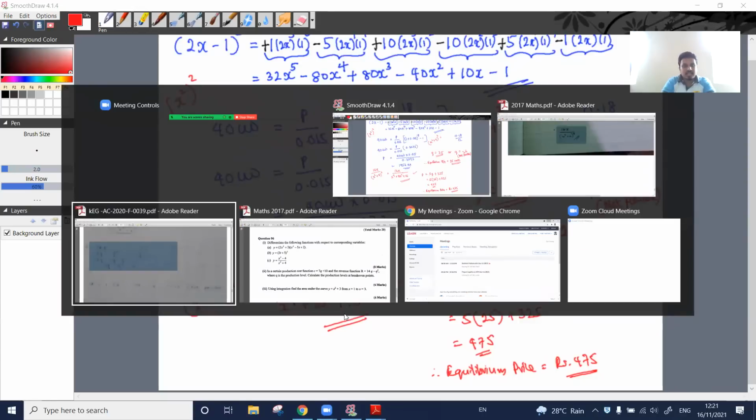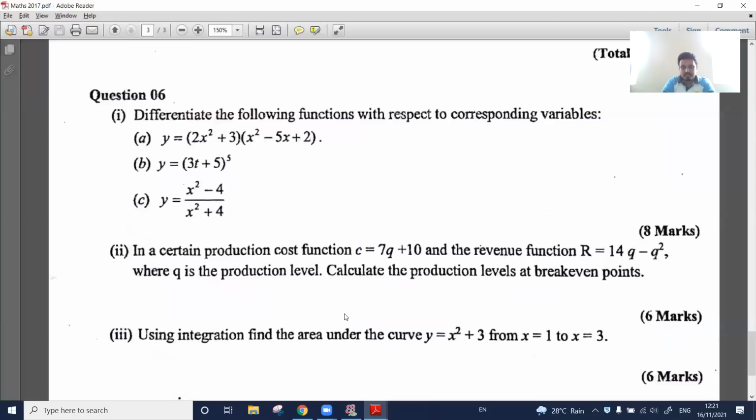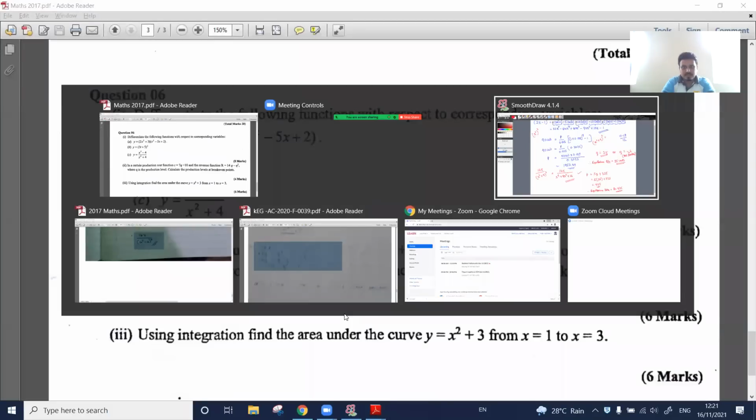Okay, and here, why do you think this student has got these answers wrong? What should the answers be? Either x should be equal to 2 or x should be equal to 5.